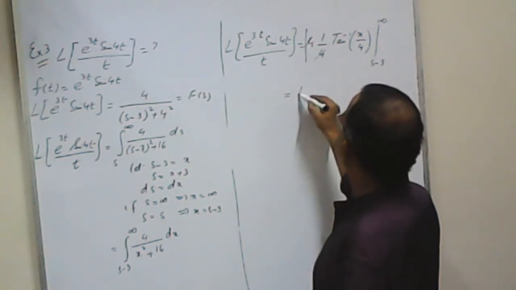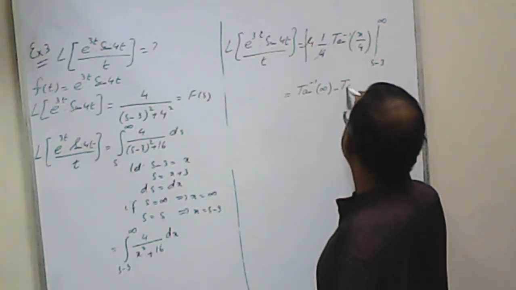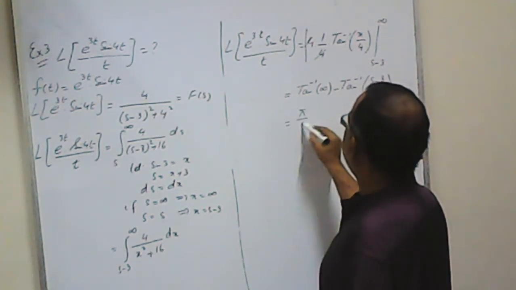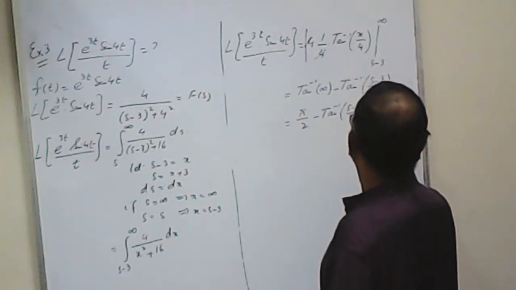So it will become tangent inverse infinity minus tangent inverse s minus 3 over 4. So this is equal to pi by 2 minus tangent inverse s minus 3 over 4.